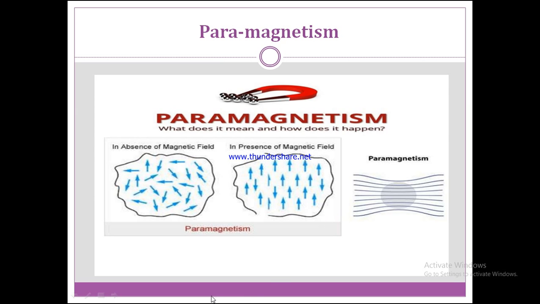The magnetic flux line structure of a paramagnetic material is indicated in the third diagram, where the magnetic flux lines are slightly curved between the materials.